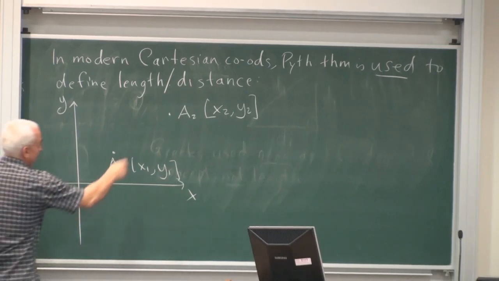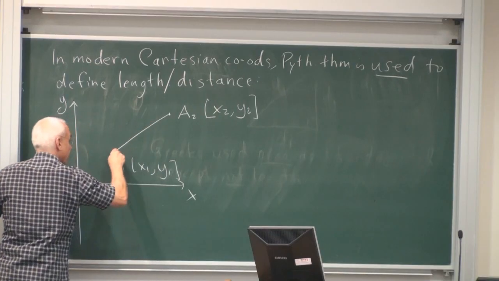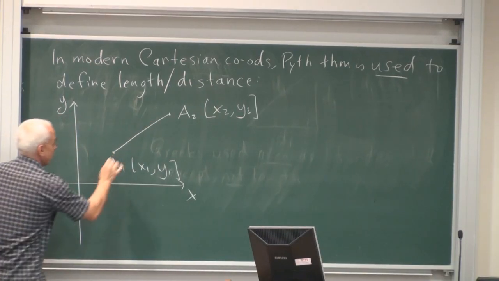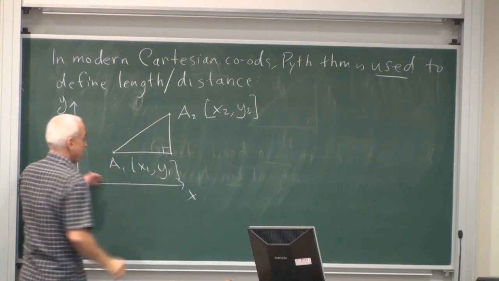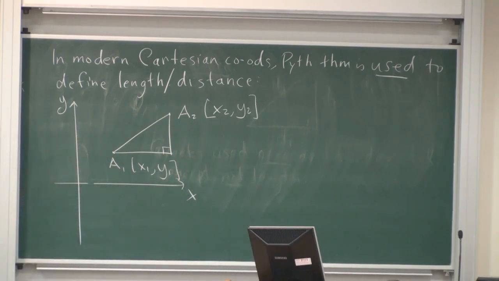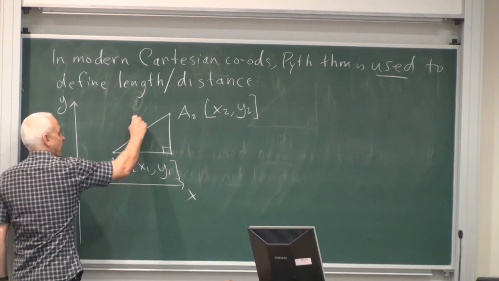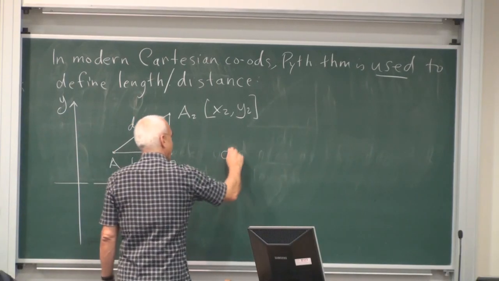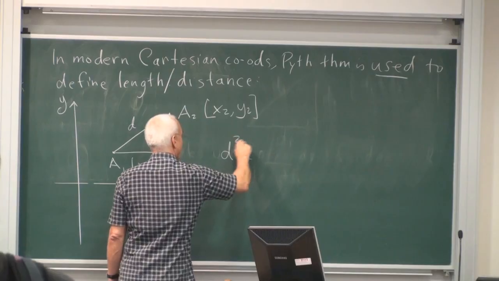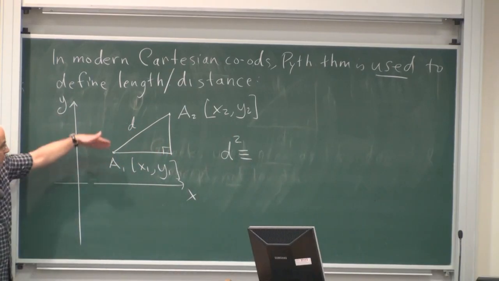then if we're interested in the length or the distance between them, what we do is we think about a little right triangle parallel to the coordinate axes. So if we call this distance d, then d is defined by Pythagoras' theorem.